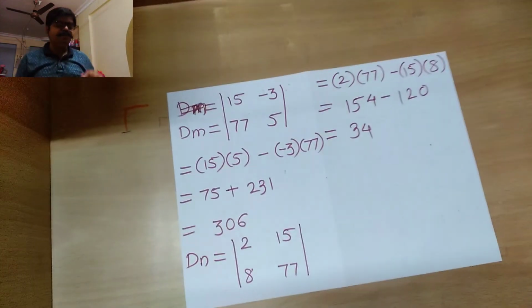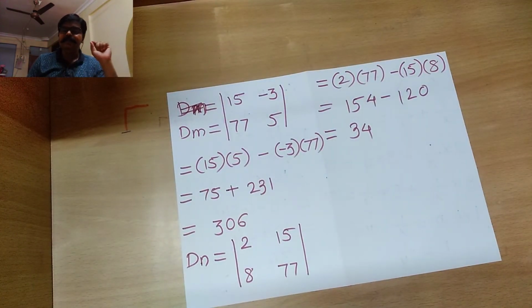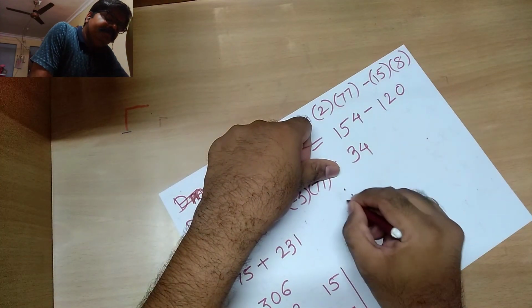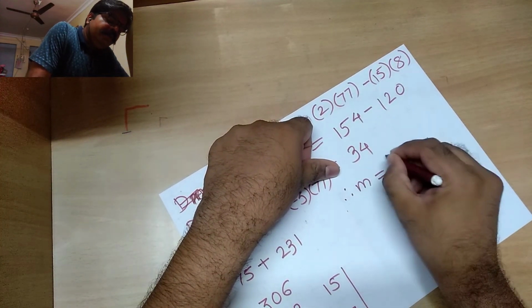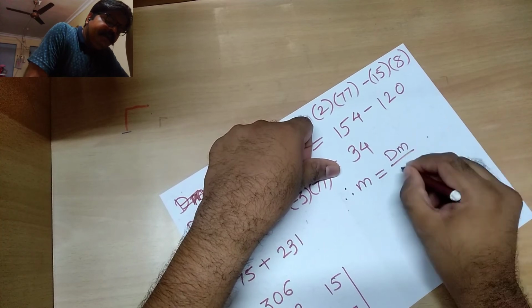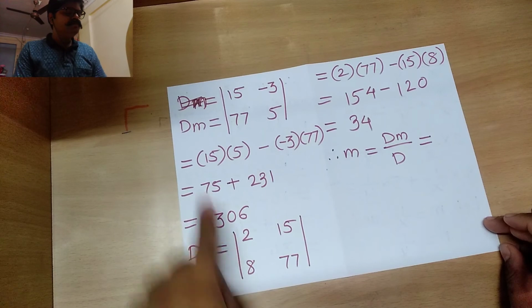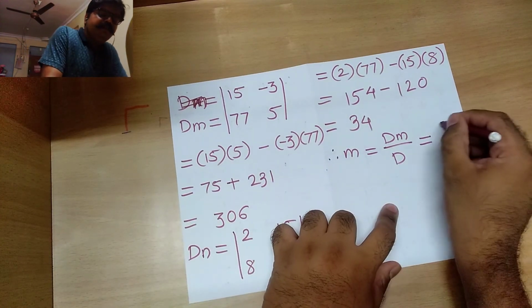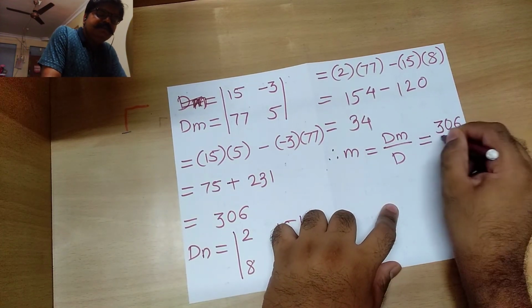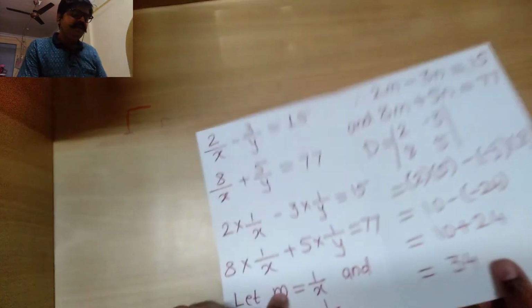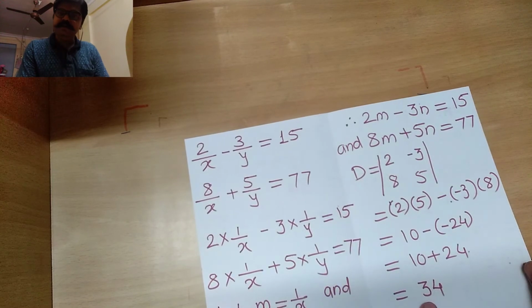Once we have dm and dn's value in place, now we are going to calculate m and n's value. Therefore m will be equal to dm divided by d. What was the value for dm we achieved earlier? It was 306. Therefore 306 divided by d. What was our d earlier? Our d was actually 34.